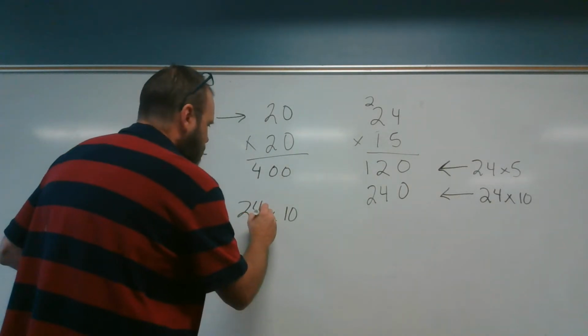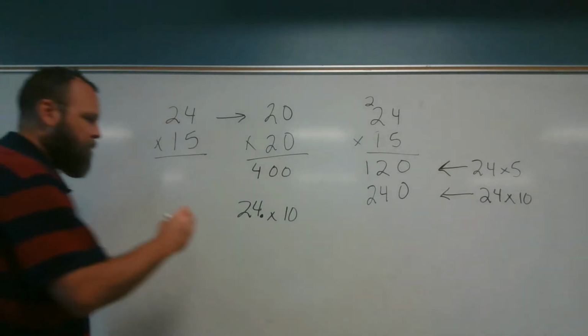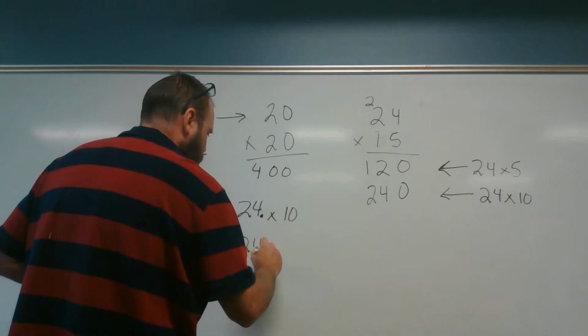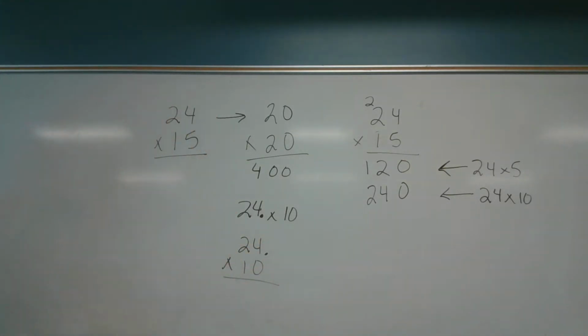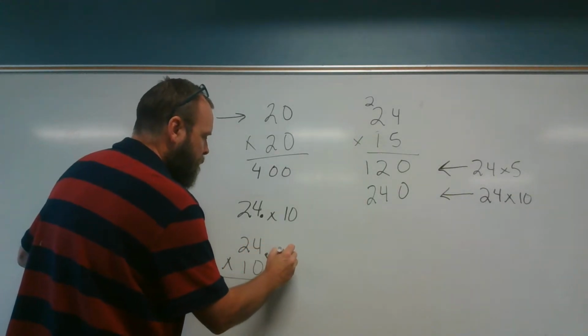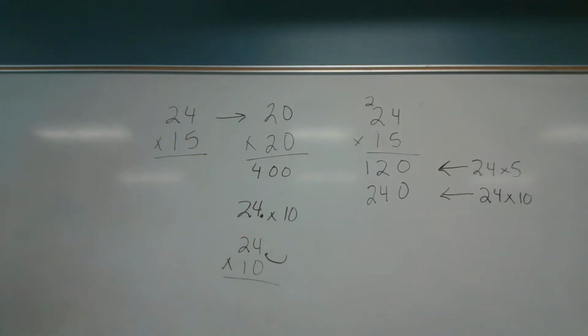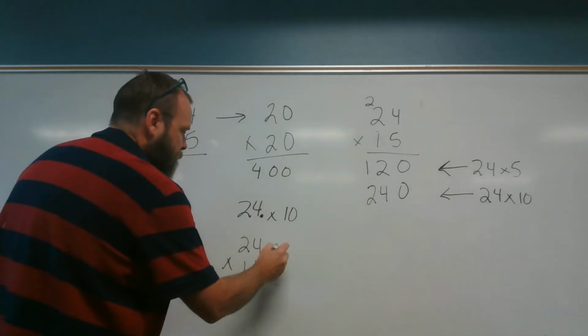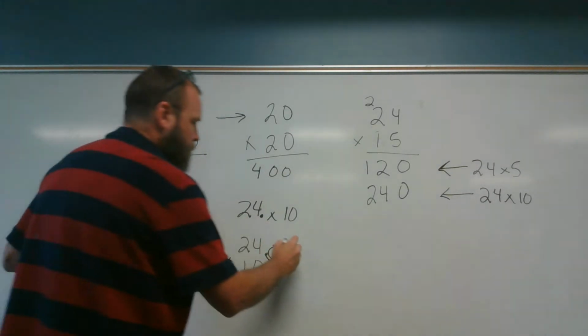My decimal point's always after the ones place, even if it's not written. So when you're multiplying something by 10, all you're doing is moving the decimal point one place to the right. So I'm moving my decimal point from here to here, and I can't just move the decimal point over and leave it blank. So I've got to put a 0 there. Okay, so my answer would be 240.